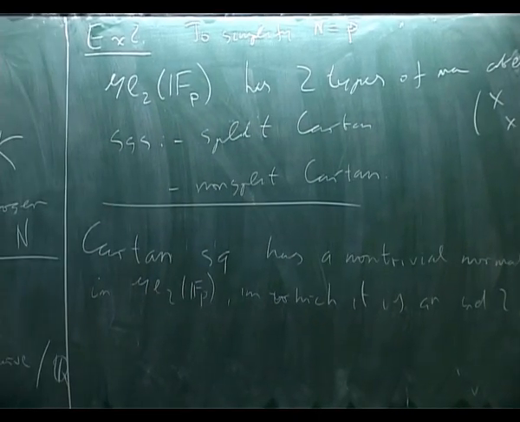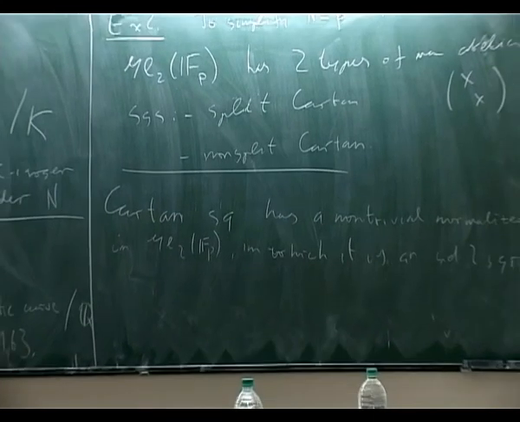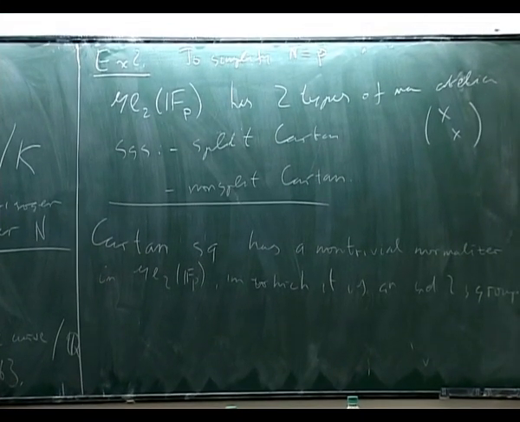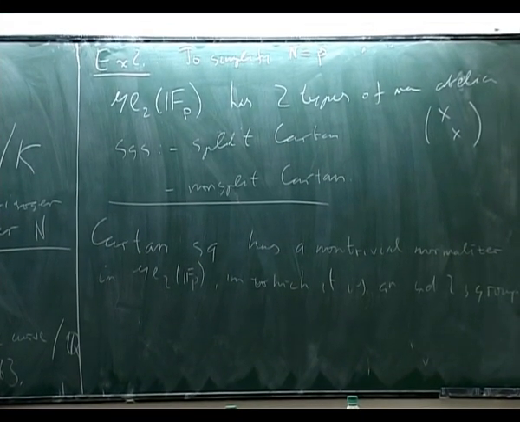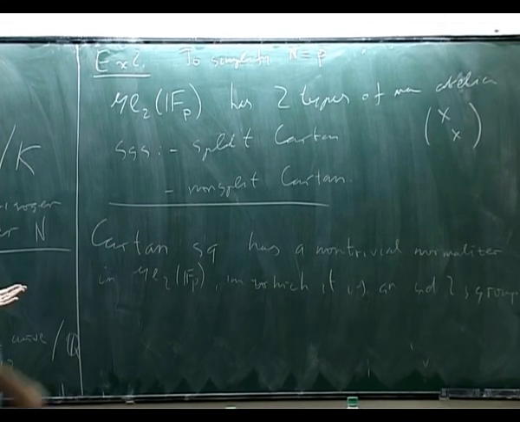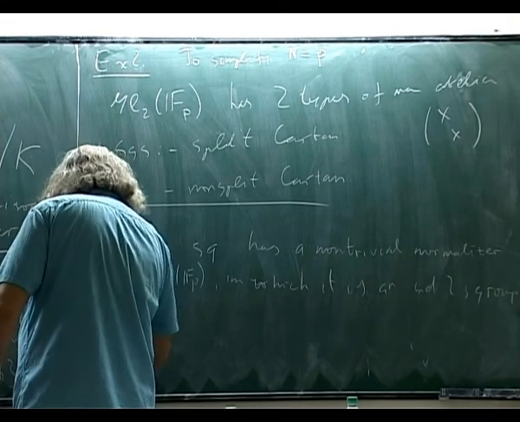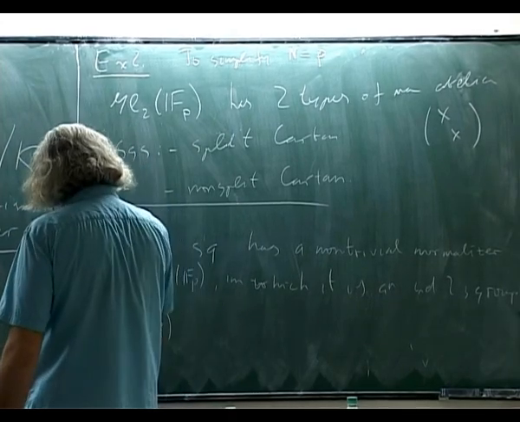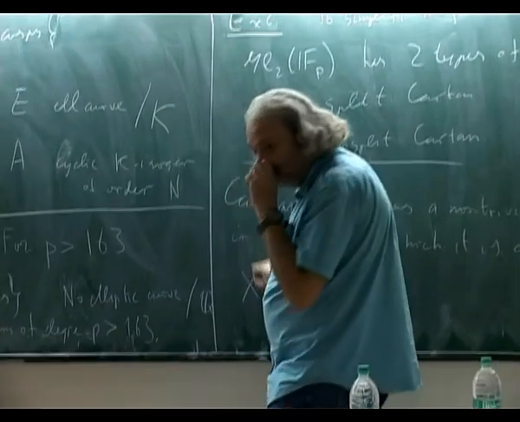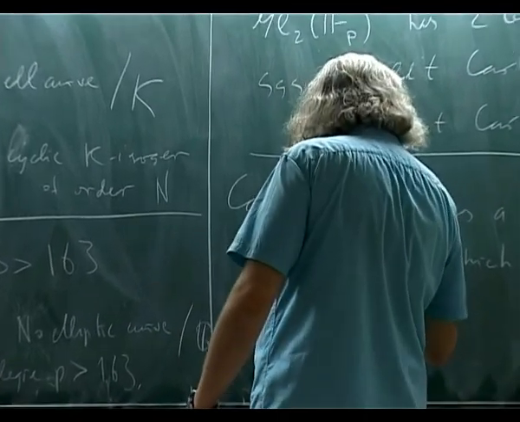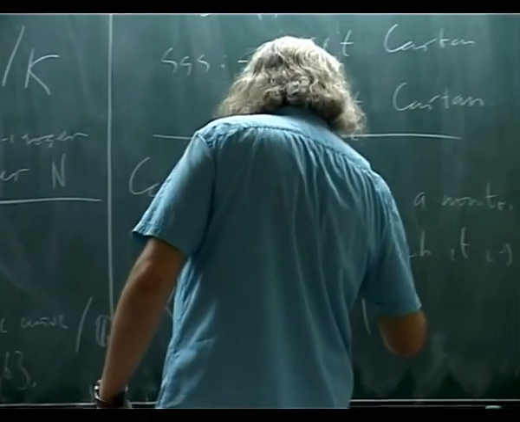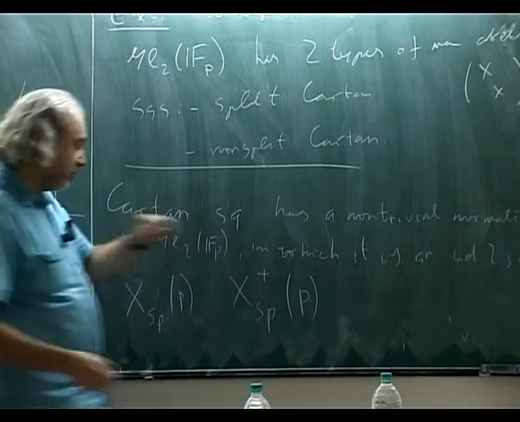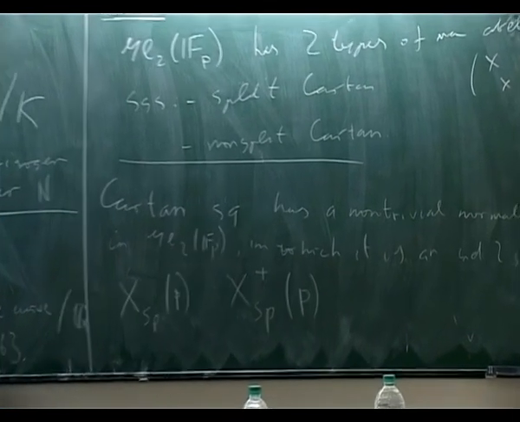And the interesting guys are the modular curves corresponding to these normalizers. So we have the following modular curves. X_sp of P corresponds to the split Cartan subgroup. X_sp plus of P corresponds to the normalizer of the split Cartan subgroup.